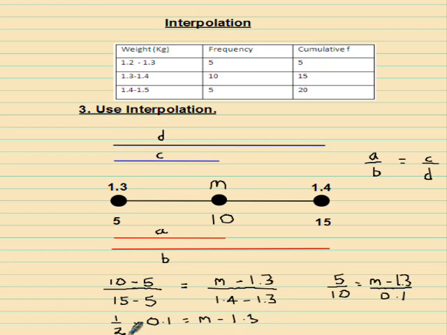And you can probably see that half times 0.1 would be 0.05, and if I add 1.3 to both sides, I would end up with M equal to 1.35. You may very well have seen this, of course, but this is just to demonstrate the method.